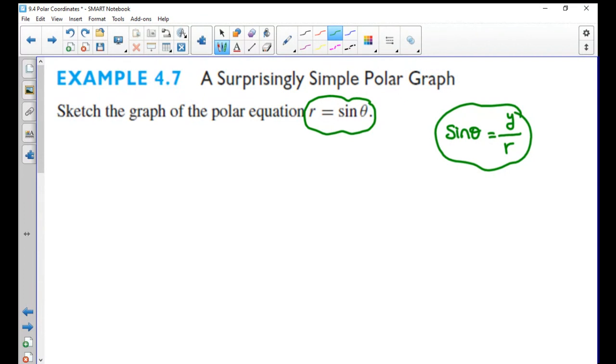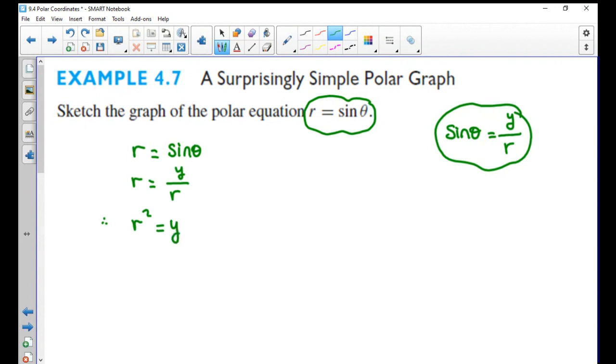At the beginning, we said sine theta is equal to y over r. So if I start with this equation, then I can change it into y over r, which means r squared is equal to y.